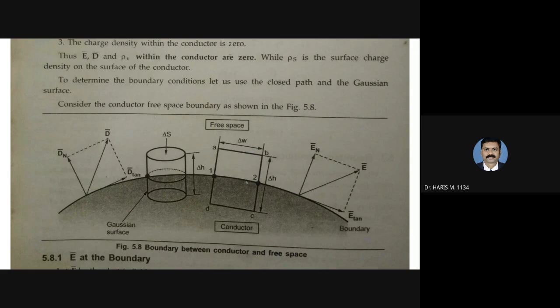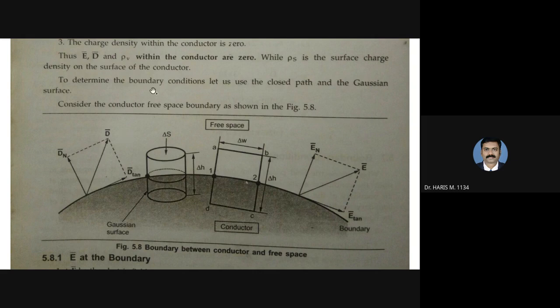Above the boundary, we have the free space, and below it, a cylindrical type of conductor. In both cases, we have also mentioned the height, delta H, the total height of the cylinder as well as the rectangular shaped body. We assume all the surfaces present over there to be Gaussian surfaces.